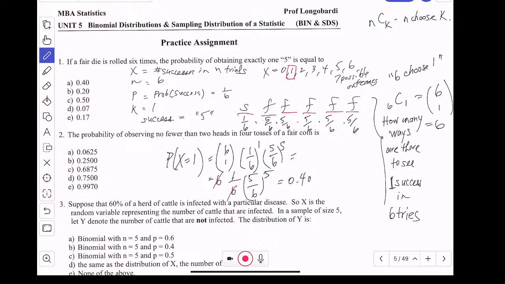So we don't want to have to do this every time. We're just going to use a general formula. So I'm going to derive the general formula from what we just did. And then you have to apply it every time. Once you know you have a binomial variable, you can apply this formula.